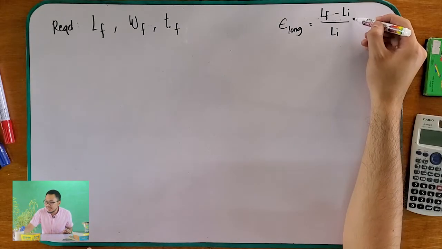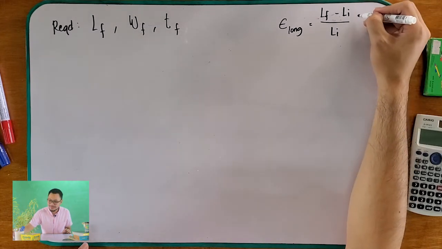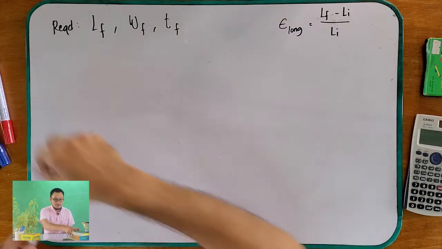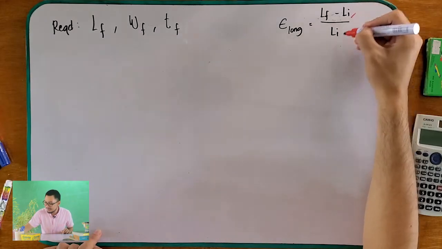We can find LF in this equation, and our LI is given. So we can solve for this. Is your longitudinal strain given? I don't think so. We still have to determine it. So how can you determine that?